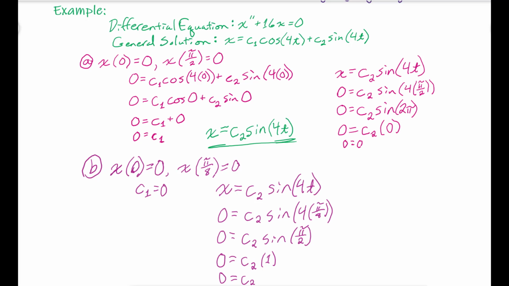Now, plugging c1 equals 0 and c2 equals 0 into my general solution, I find that I have x equals 0 plus 0, or just 0. So x equals 0 is a solution of our boundary value problem, and it is in fact the only solution.